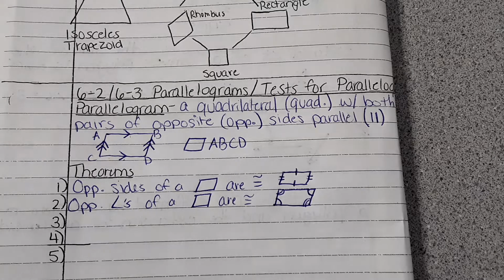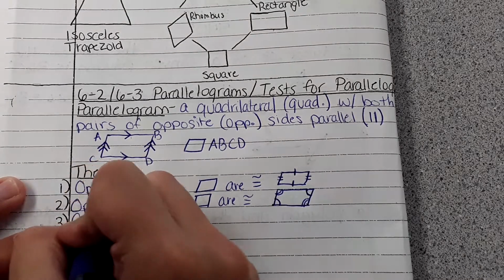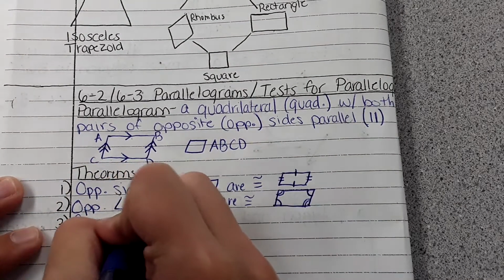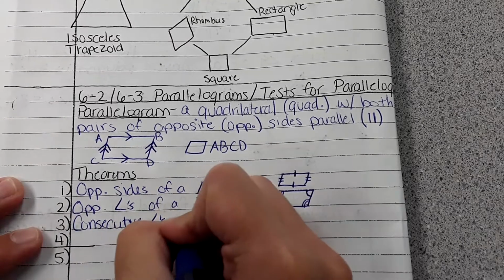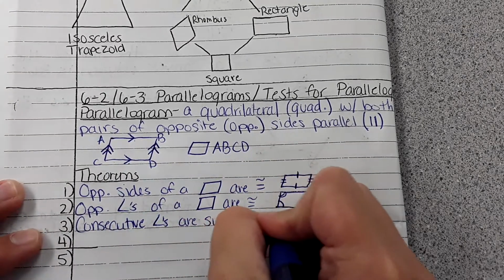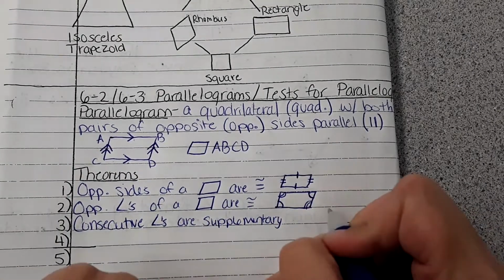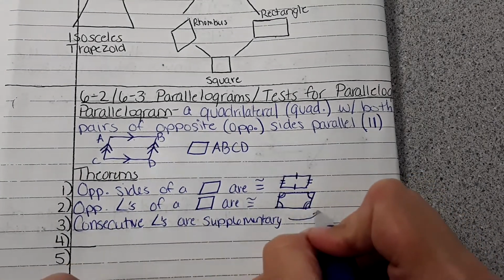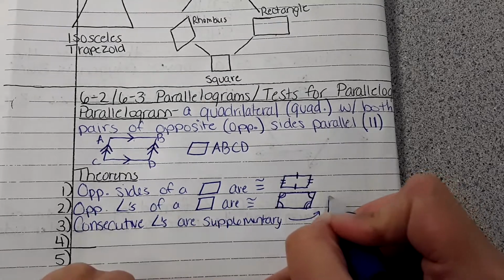And the next one, consecutive angles are supplementary, meaning they add to 180 degrees. So I'm going to draw a little picture here.